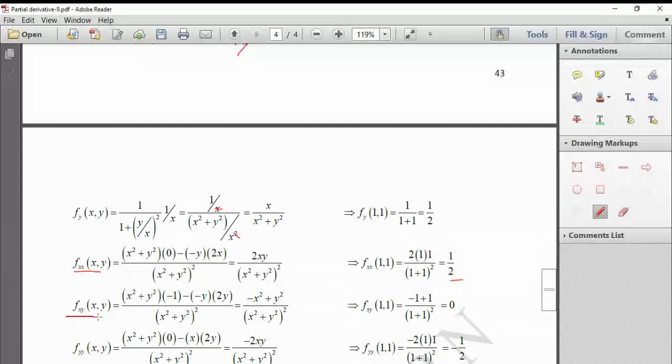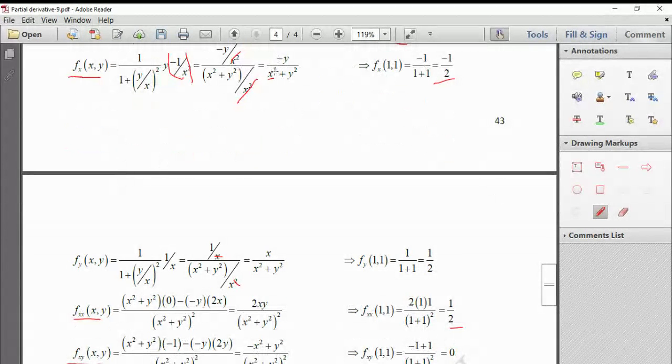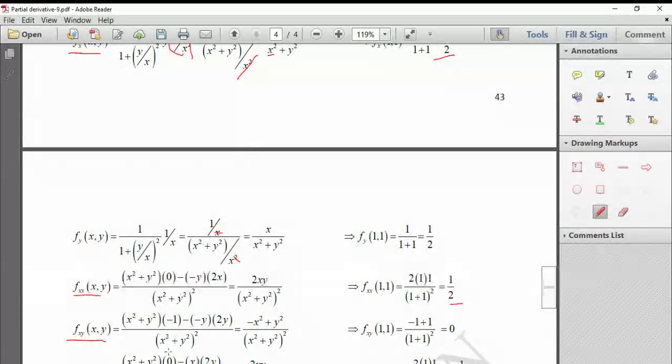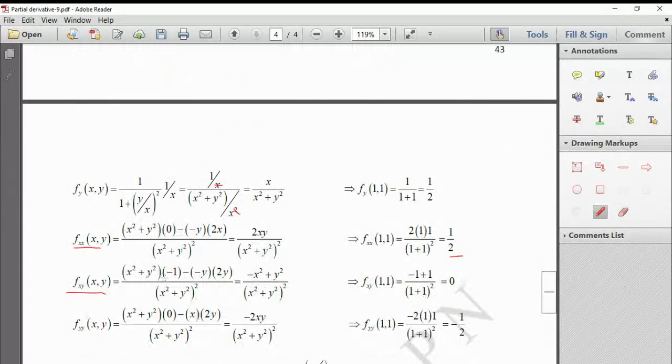Similarly, we need fxy at x comma y. So differentiate fx with respect to y. As usual, denominator square, then denominator into derivative of numerator. Derivative of minus y is minus 1 because we are differentiating with respect to y. That is the difference between these two.